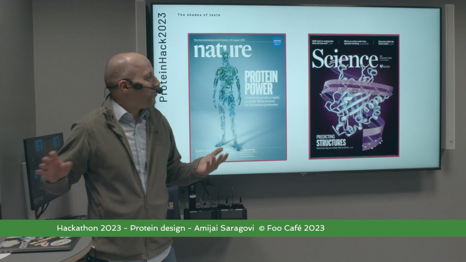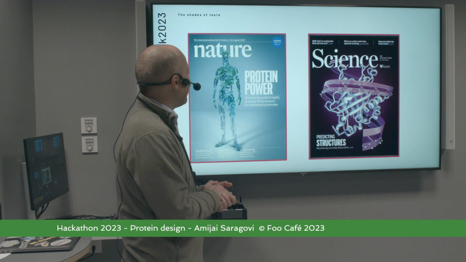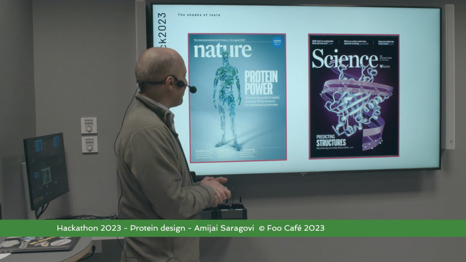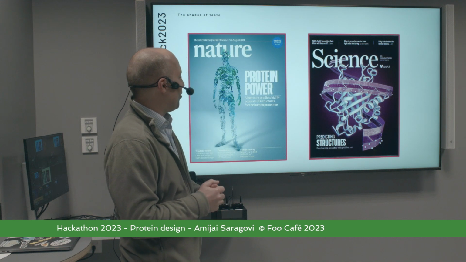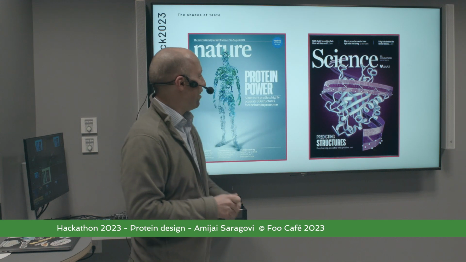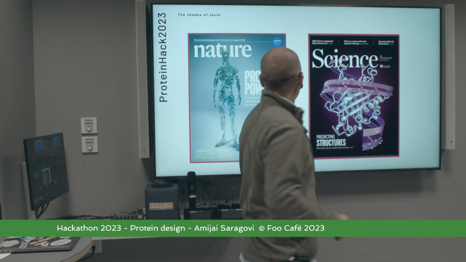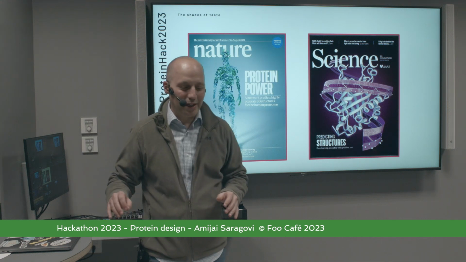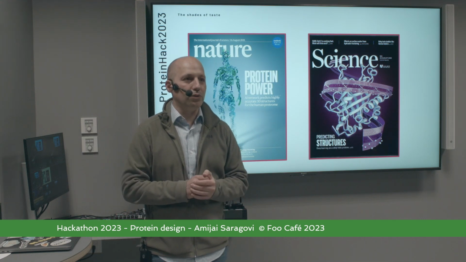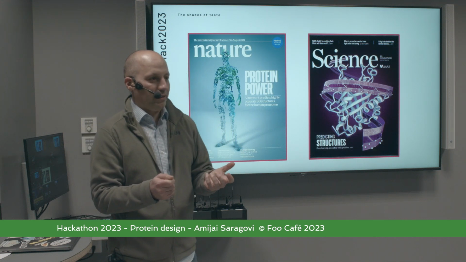So in 2021, two breakthroughs happened in parallel. The truth is that this model was out and about a bit faster than this model that was created in our lab by mimicking. This was created by Google. And basically, these models allow us to give them a sequence and get a structure from the other side.